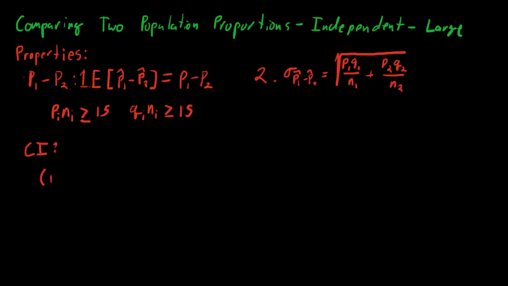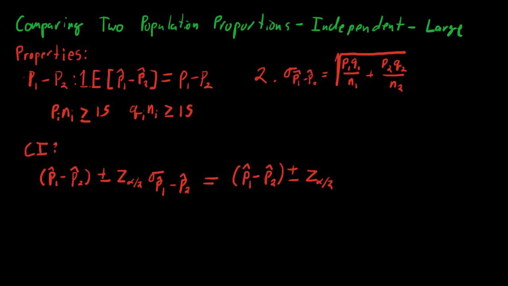Our confidence interval is P1 hat minus P2 hat plus or minus z of alpha over 2 times our new standard deviation, sigma sub P1 hat minus P2 hat. If we substitute in for the standard deviation, we get P1 hat minus P2 hat plus or minus z of alpha over 2 times the square root of P1 Q1 over N1 plus P2 Q2 over N2. That's how we calculate our confidence interval.